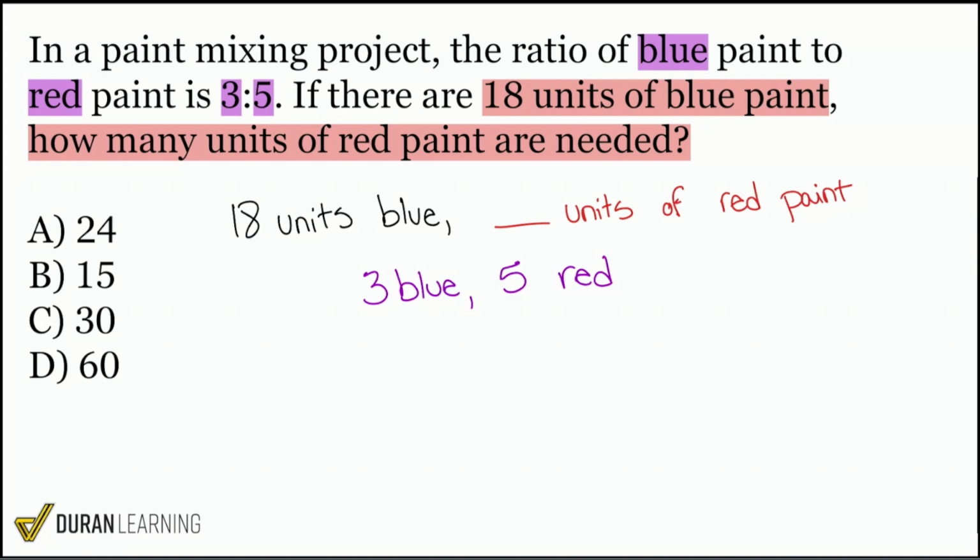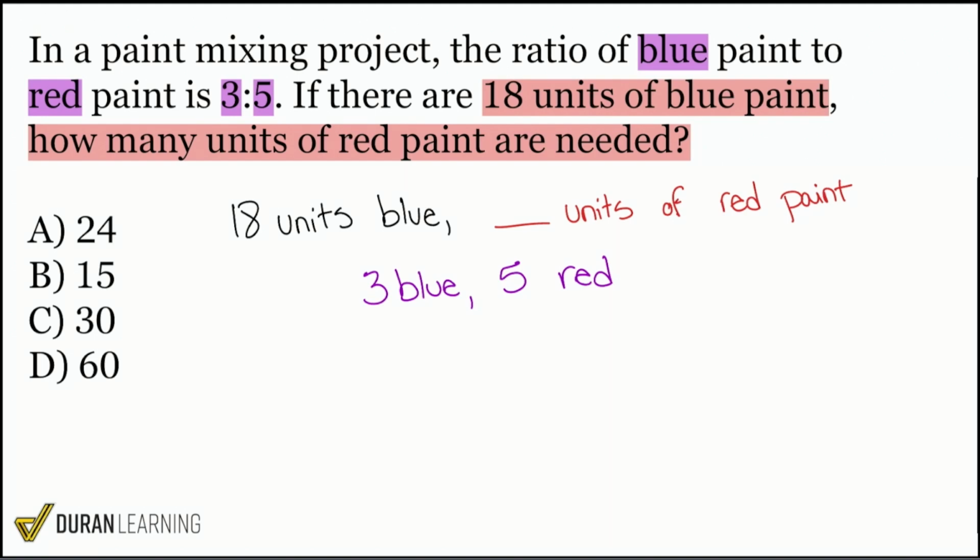Do we see that we are comparing the same things, blue and red? But on top of that, this is the most important part: do we see that we're representing and comparing them in the same way? Blue is first, red is second. That's the big part there. That's how you know that you are going to set up a proper proportion and you're good.